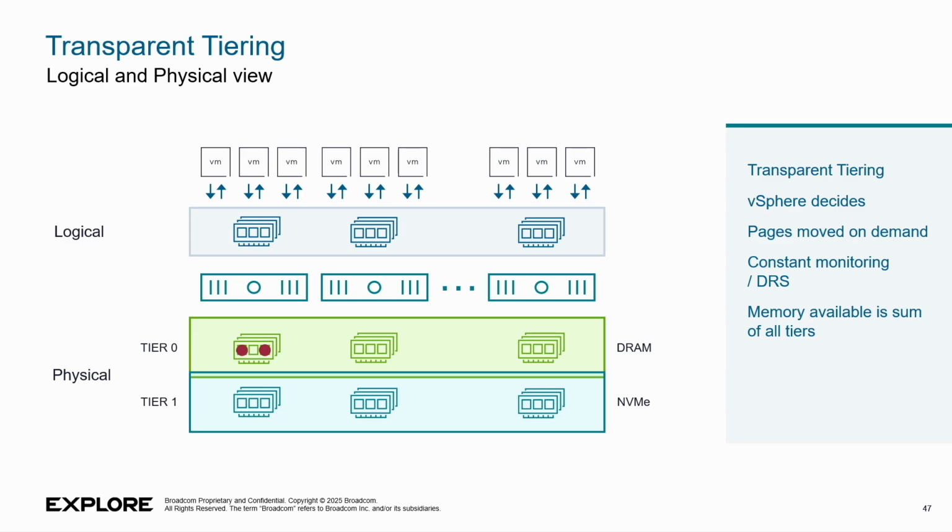What happens if that page gets called up? If I need to read that page, then it gets moved up to DRAM, sort of like we did with vSphere in the past. So it gets moved up to the fast tier, and then we read that from there and pass it to the host. And again, when pages get cold, we move them up and down as needed, and feed that back to the VMs.